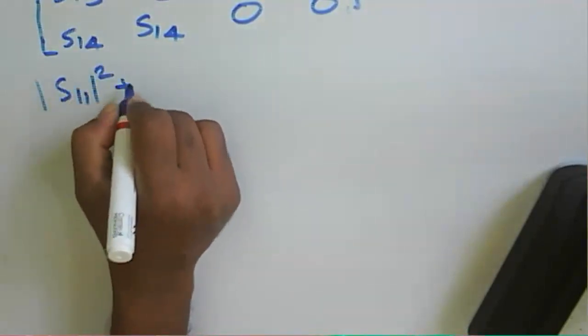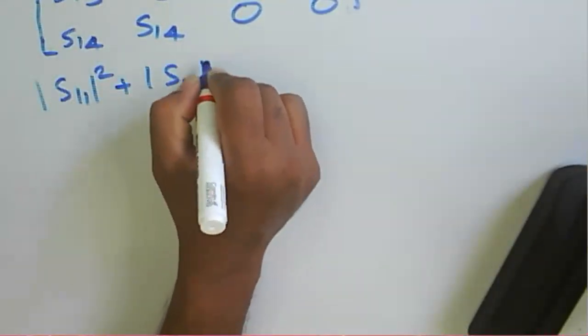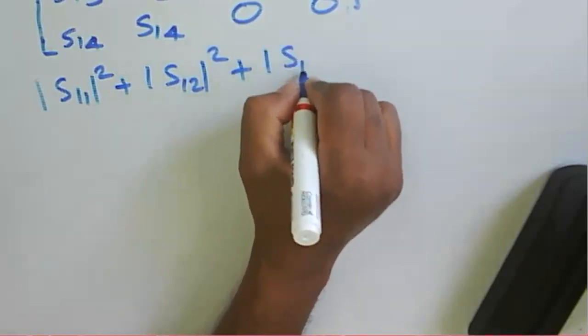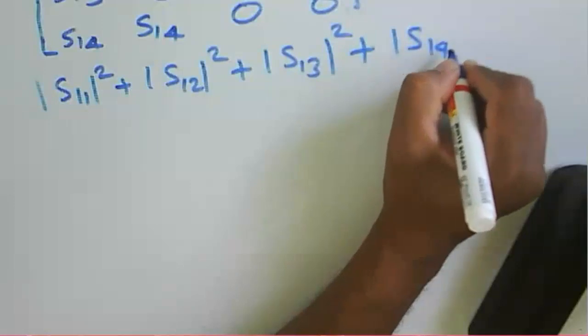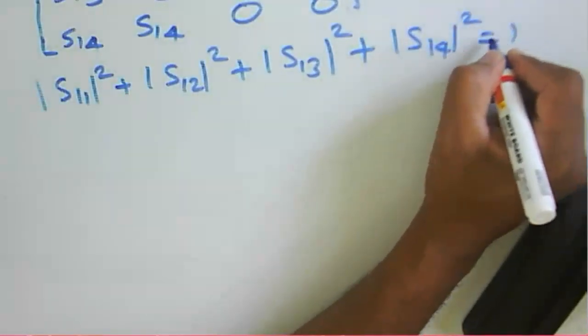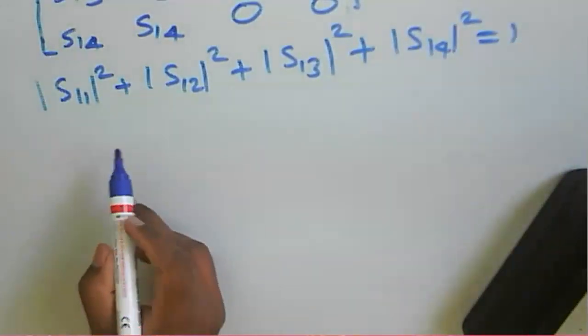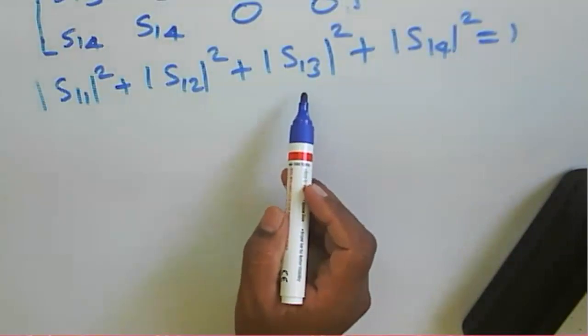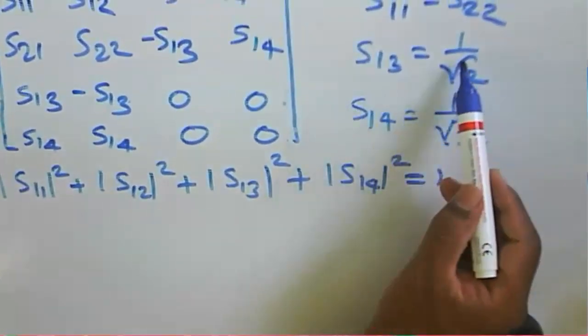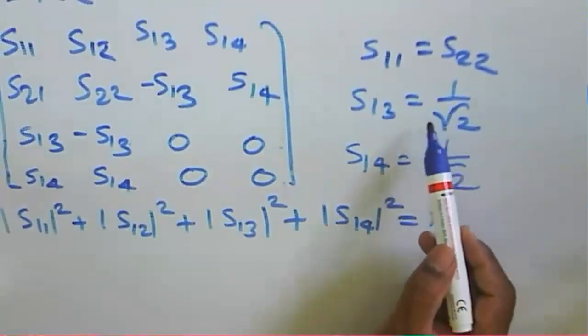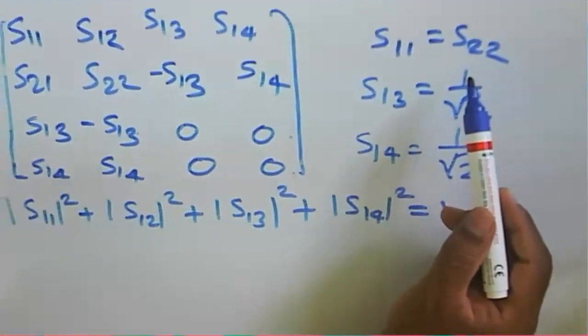S11 square plus S12 square plus S13 square plus S14 square equal to 1. Now S13 and S14 values. S14 is what? 1 by root 2. S13 is 1 by root 2. And S11 we know that it is the same as S22.